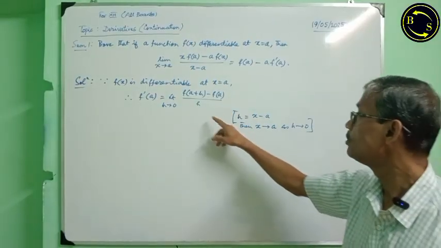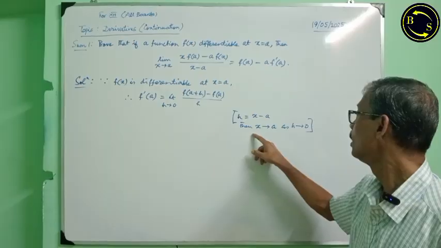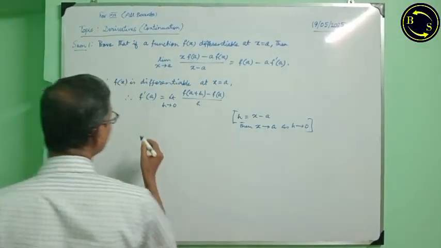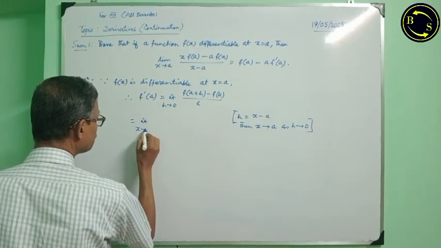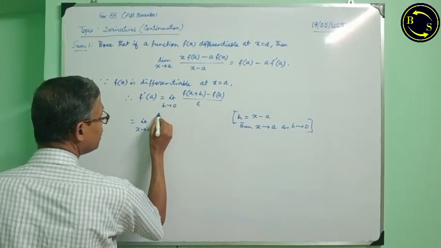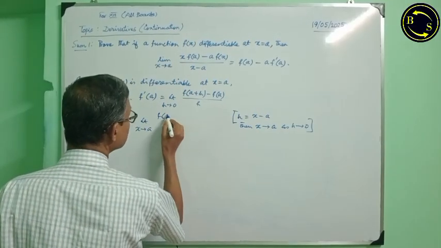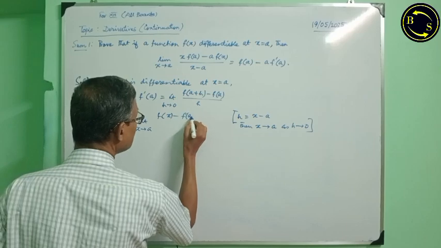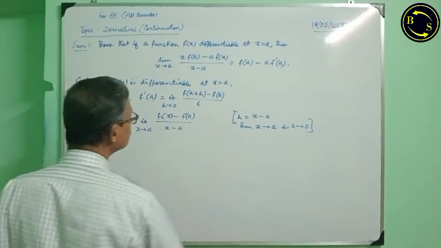Now if we change this h by x minus a, then the changed form is limit x tends to a of fx minus fa by x minus a.